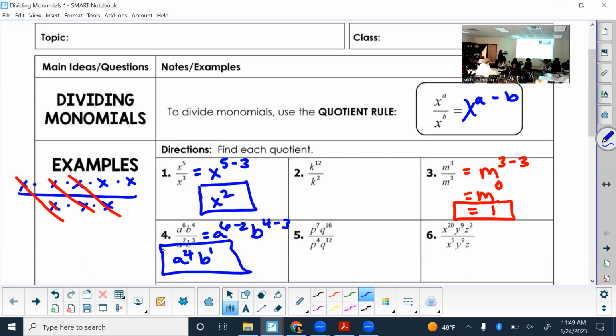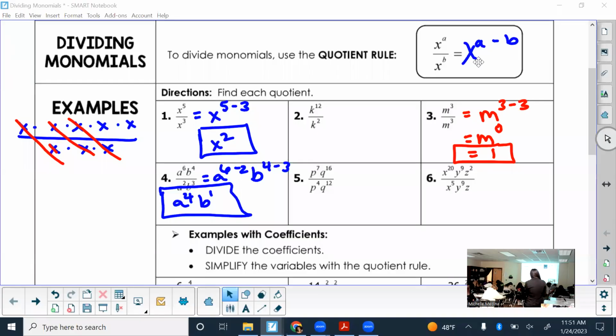All right, then try 2, 5, and 6 real quick. Ramal, did you ever go? All right. So number 2, let's go over it. Hayden, what will the final answer be?